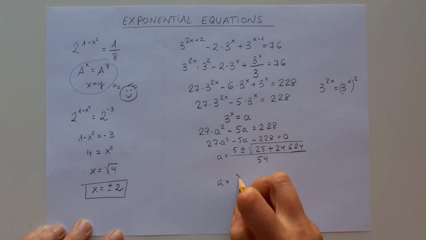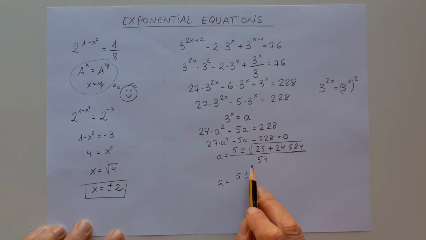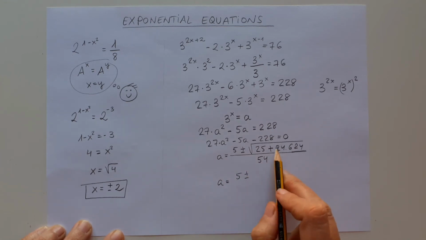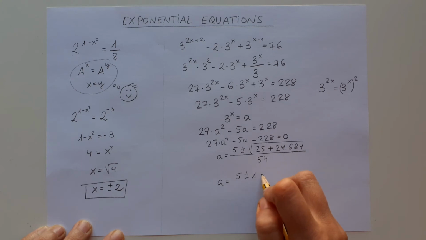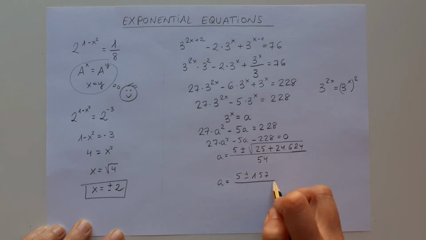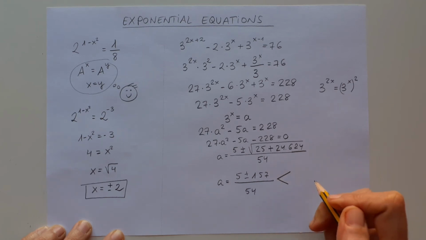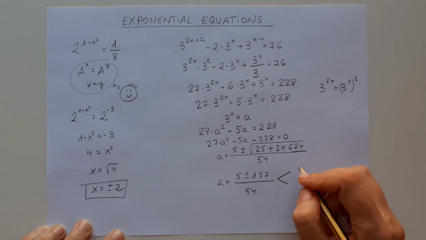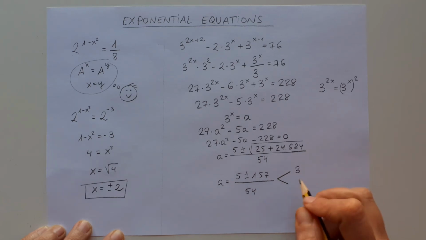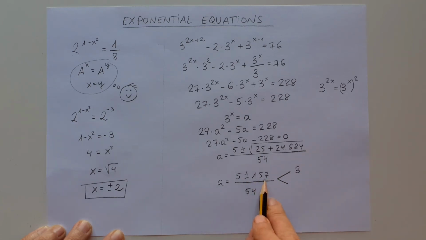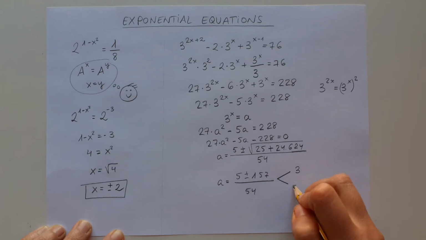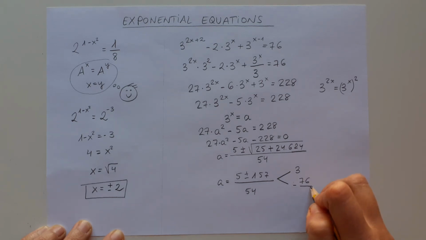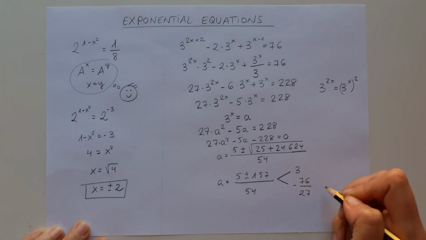Okay, if we perform this with our calculator, we obtain that the square root of this equals 157 over 54. So we obtain two solutions. Using the 5 plus 157, we obtain as a solution 3. And using minus 157, we obtain negative 76 over 27.